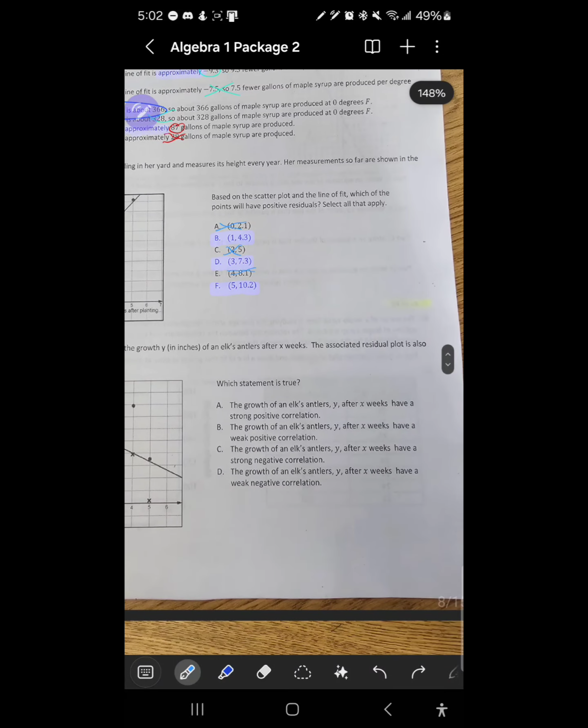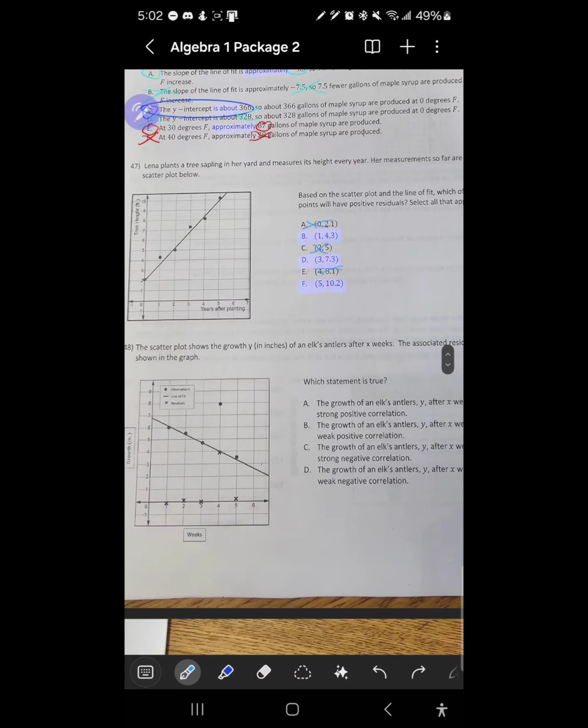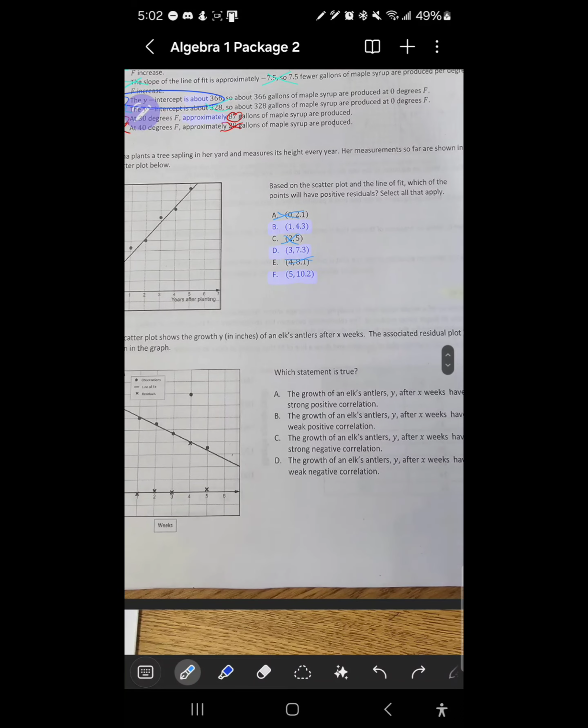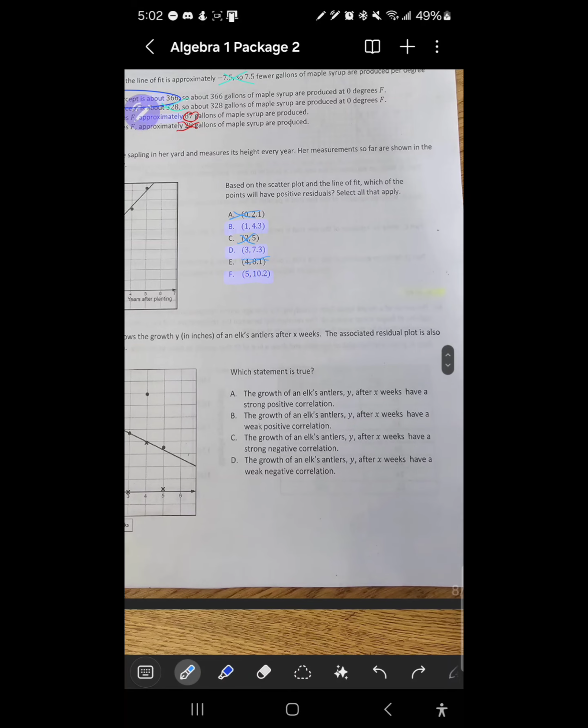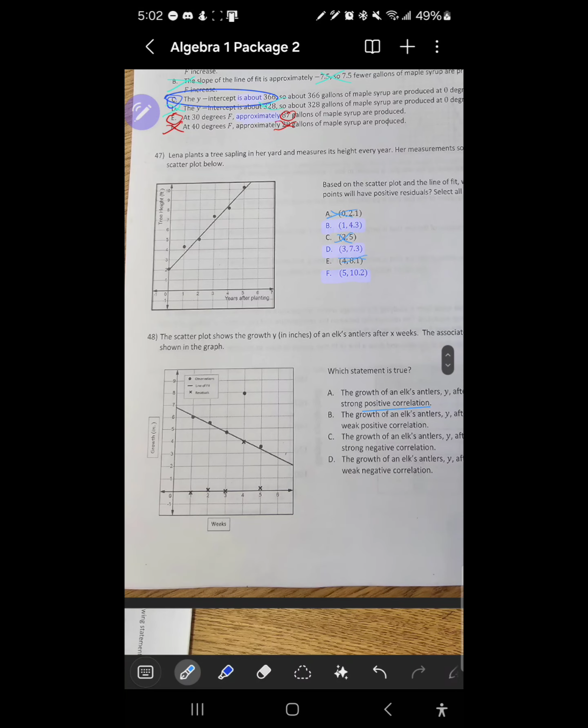Which statement is true? The growth of an elk's antlers y after x weeks has a strong positive correlation. Positive correlation just means that it is positive, as we can see here.